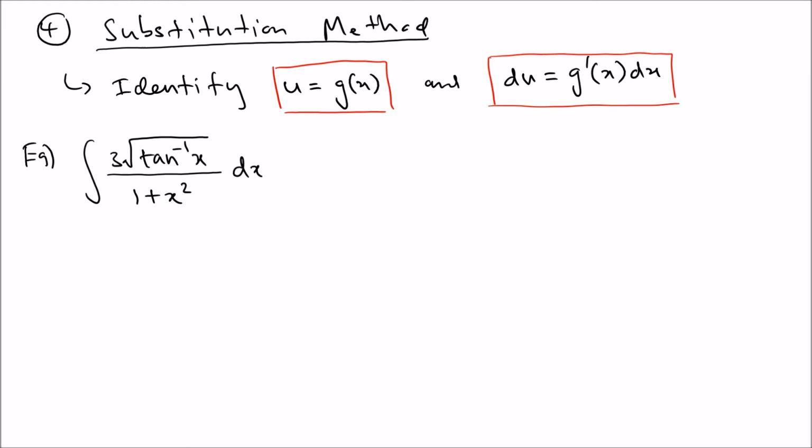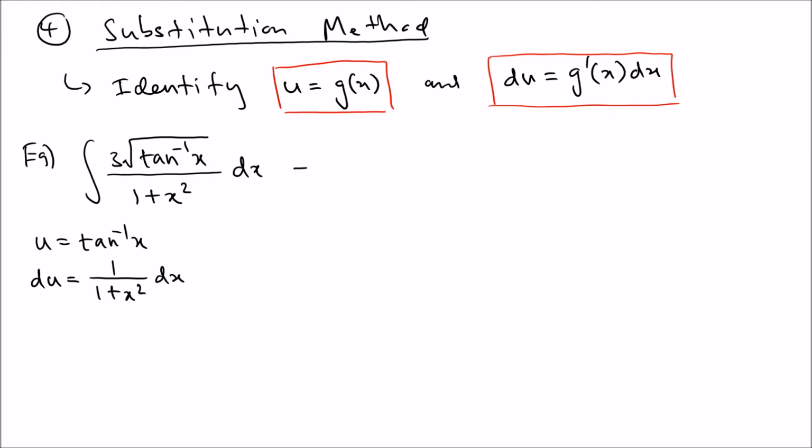See whether you can identify the inside function and its derivative. You can see it's very clear here that u is simply tan inverse x. Once you take the derivative of this, it is simply 1 over 1 plus x squared and then dx. You can see everything is here.